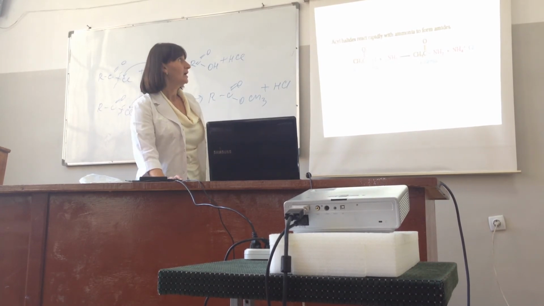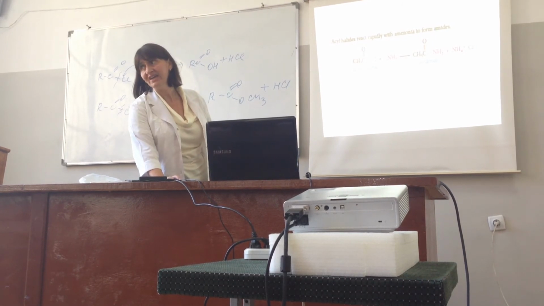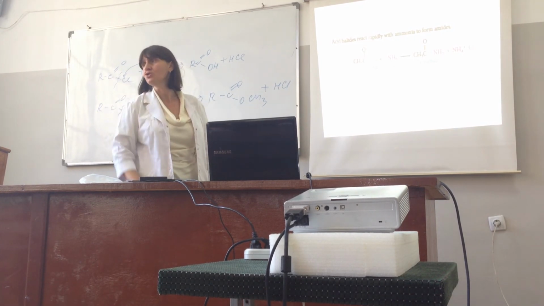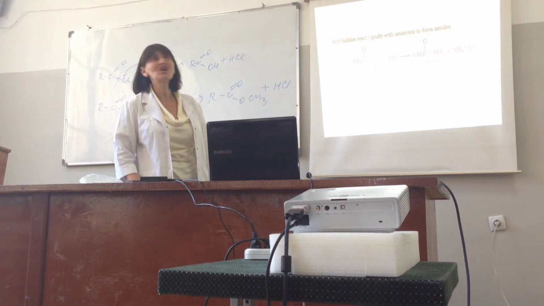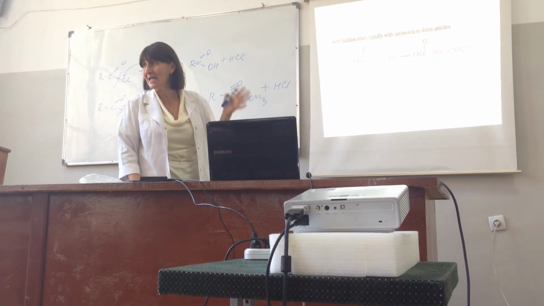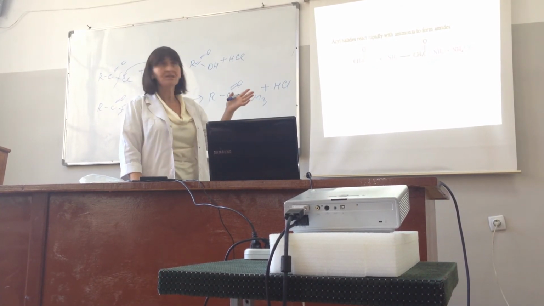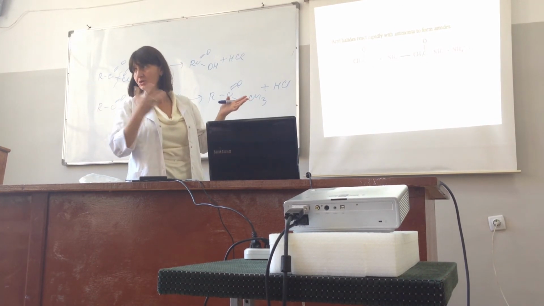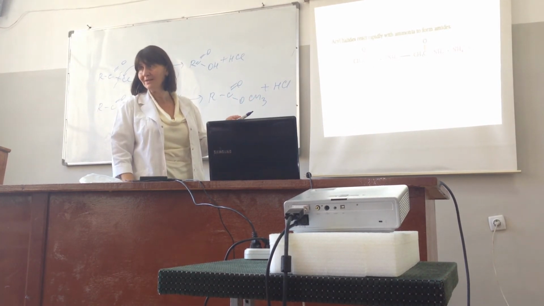So, with using 2 molecules of ammonia, your HCl converts into ammonium chloride, which can't react with this amide, and finally you can remove your product, the amide, from your reaction mixture.